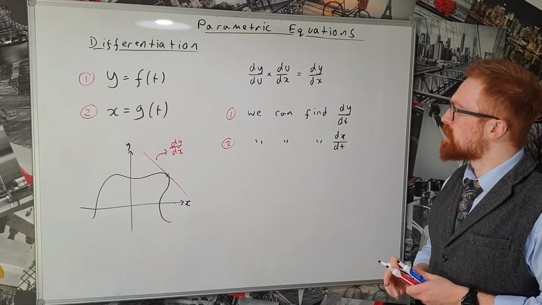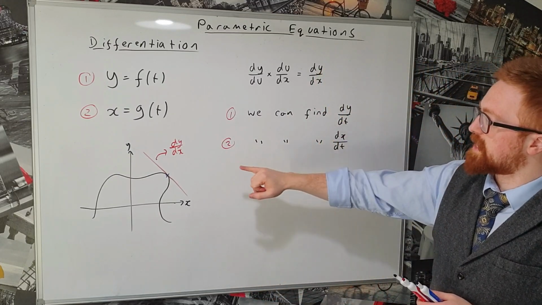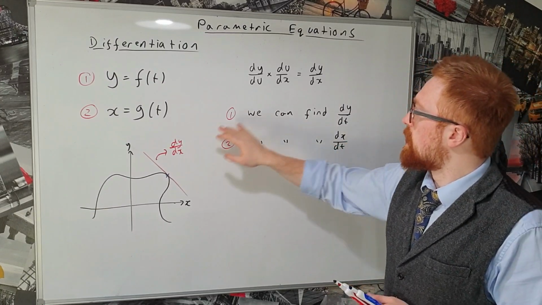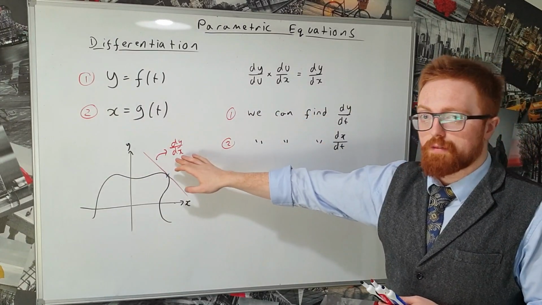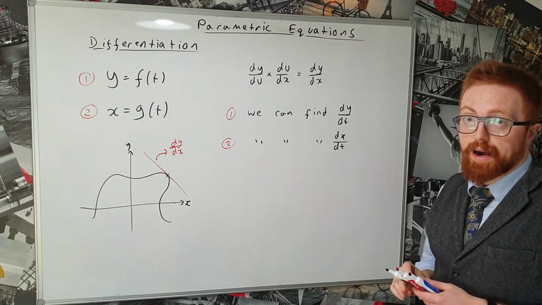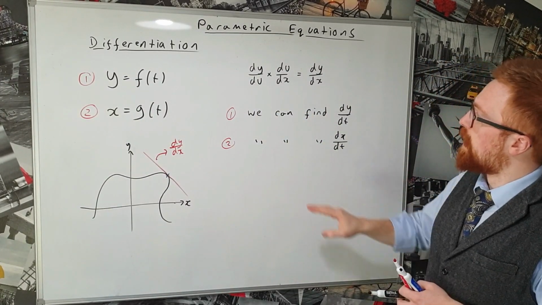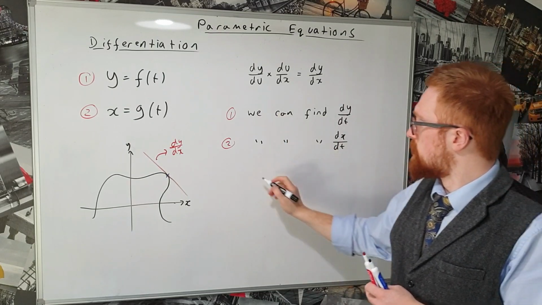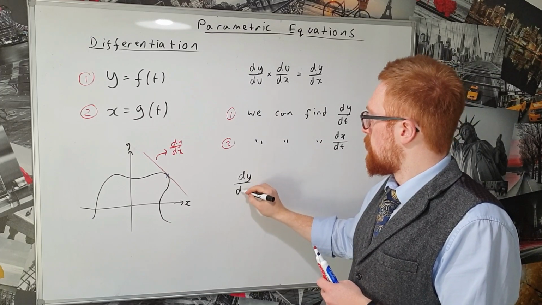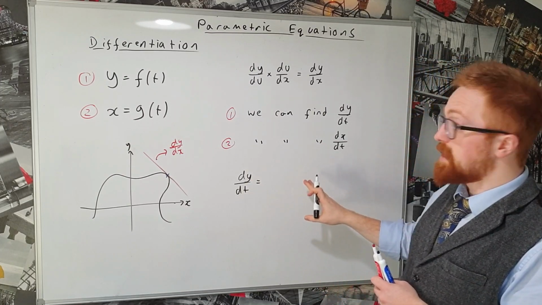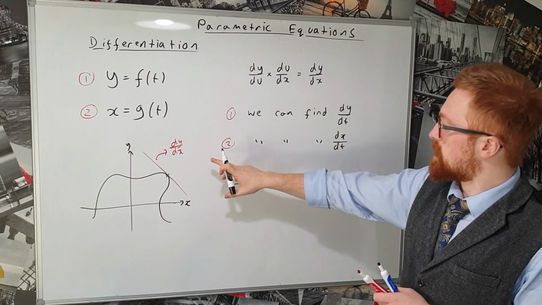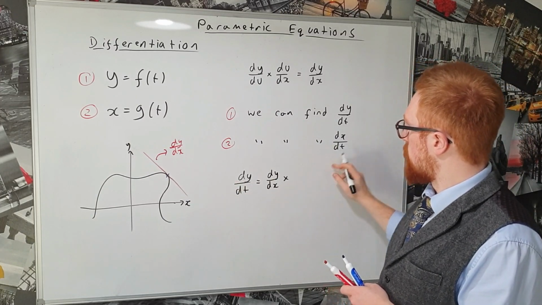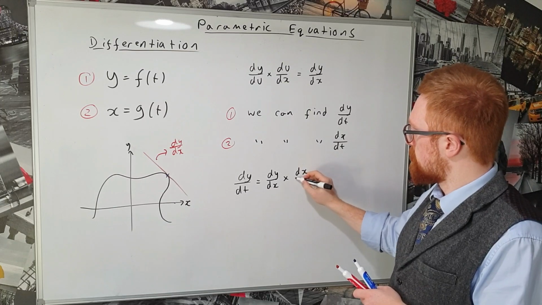Now if we want to work out what dy/dx is, then we need to think, how can we combine these three things in the chain rule to give us something involving dy/dx, dy/dt and dx/dt. Now the most obvious way we can rearrange this is to have dy/dt at the front, and then that is equal to dy/dx times dx/dt.